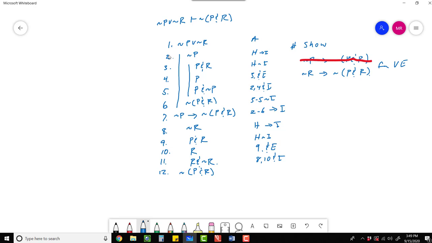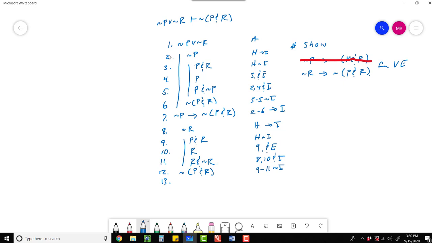Got a little bit sloppy here. Let me fix this. It doesn't look like I indented very much on number 9. Make the indent a little more obvious. Okay, so it's not the case that P and R. Drop a line, 9 through 11, negation introduction.